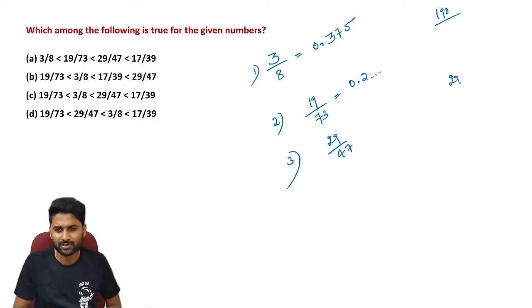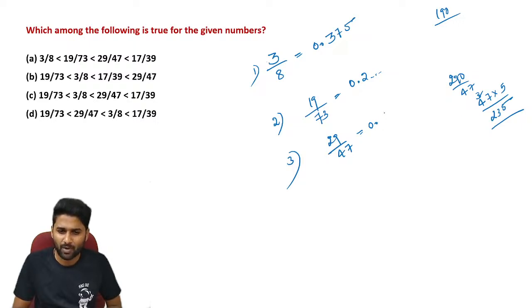Let's take 290 by 47. 0 point. Again 47 is multiplied 4 times. 7 into 4, 28. 4 into 4, 16. See, let's take 5 times. 7 into 5, 35. 5 into 4, 20, 23. Let's take 0.6 something. So we have 290, right?